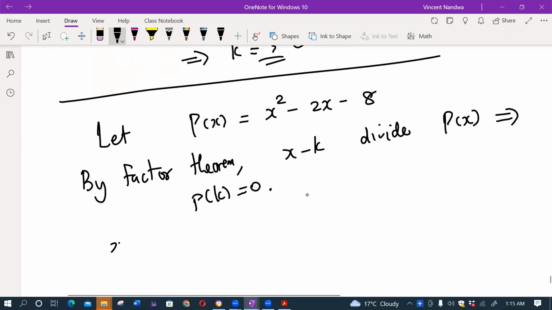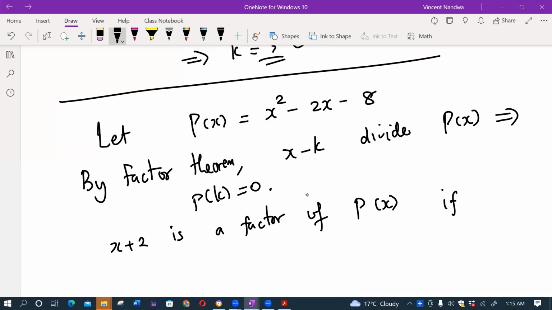Now, x plus 2 is a factor of p of x if p of minus 2 is equals to 0, since in this case, k is minus 2.